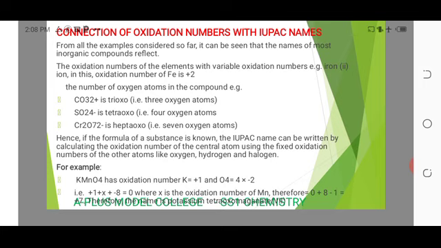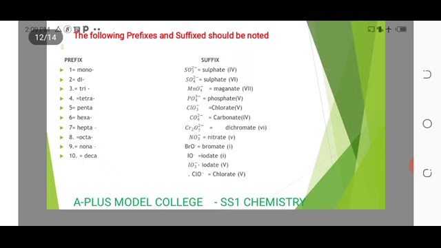So when you add K plus Mn plus -2 times 4 for oxygen, you calculate the oxygen number for manganese in this KMnO4, and you get 7. So that's why we call this one tetraoxomanganate 7.